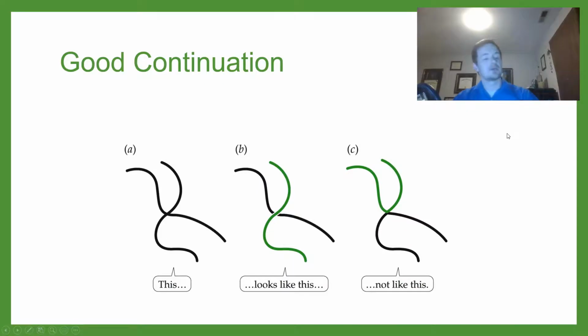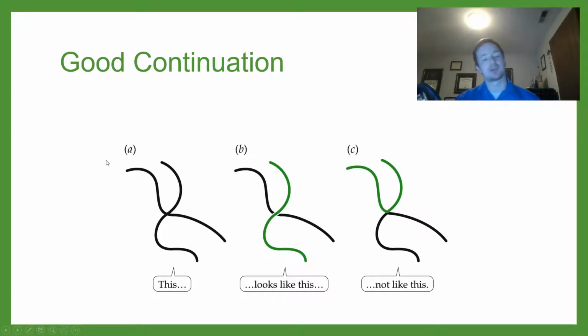All right, so the next grouping rule is good continuation. Good continuation is the idea that our brain is going to take things like lines and edges and contours and assume that if they look like they follow, they continue, that they are part of the same line. A way to illustrate that is this figure down here.